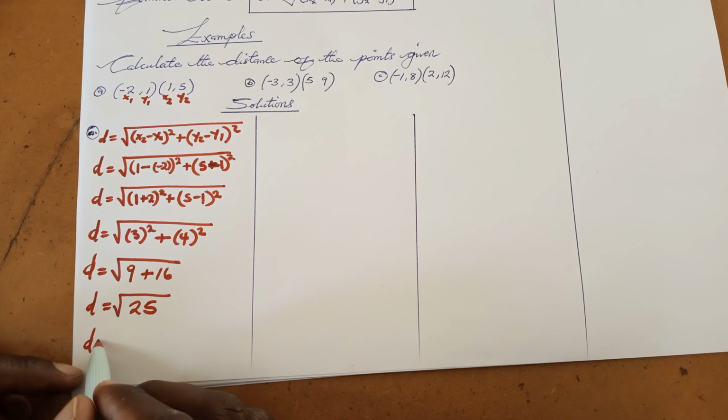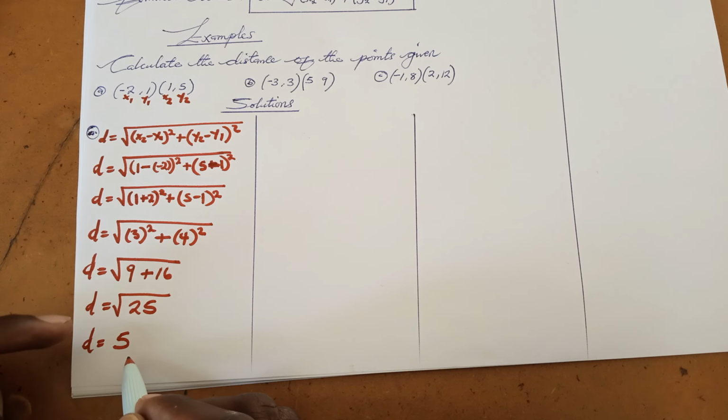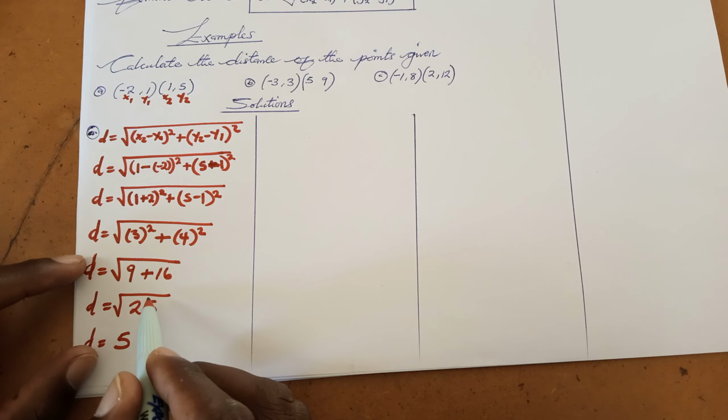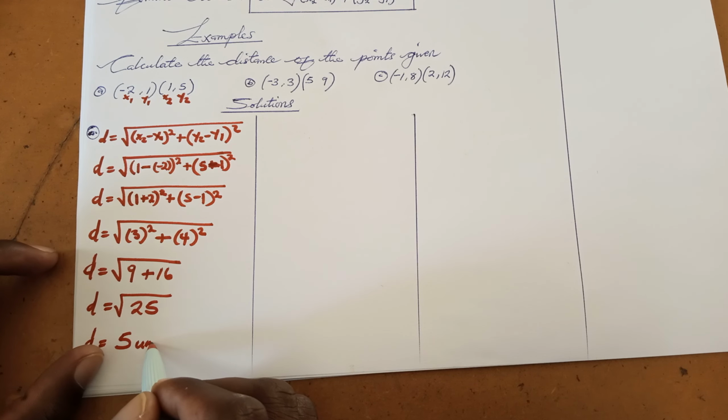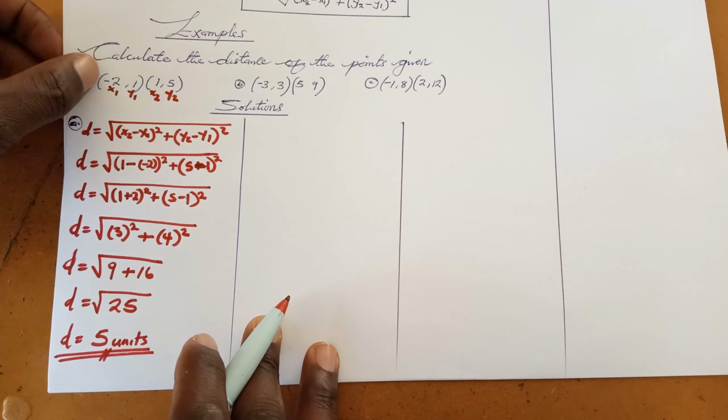And now the square root of 25 is what? Is 5. The number that when you multiply it by itself gives you 25 is 5. So this is 5 units, like that. Okay, let's go to question number 2.